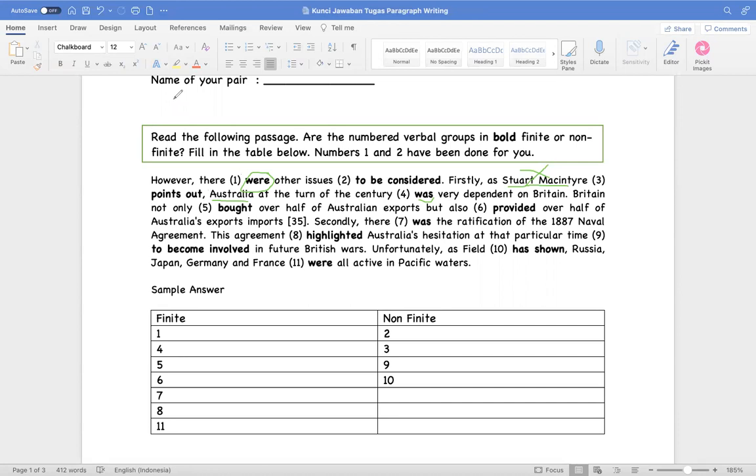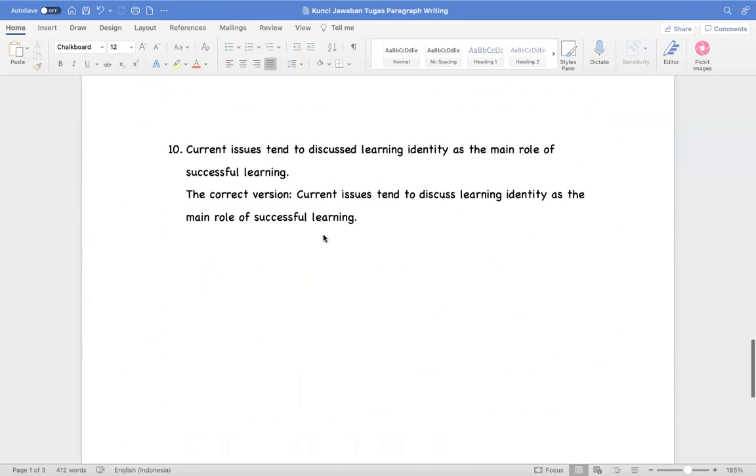How could that happen? This is called an appositive. Okay, so what is an appositive? Let me explain it to you: there is a kind of sentence that has an appositive. I will explain it on this sheet as well.